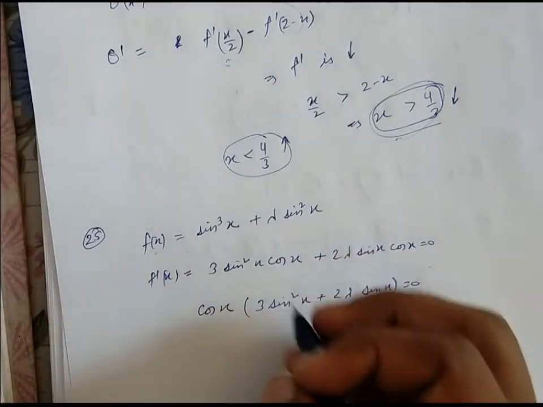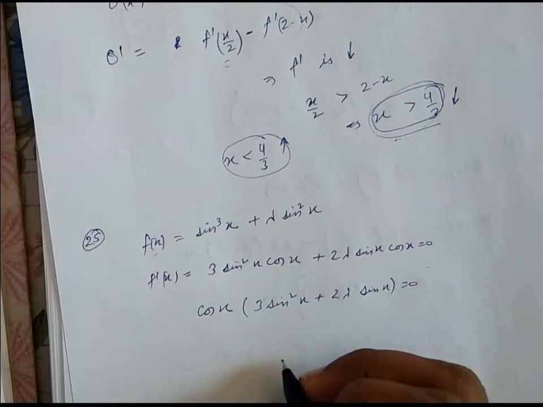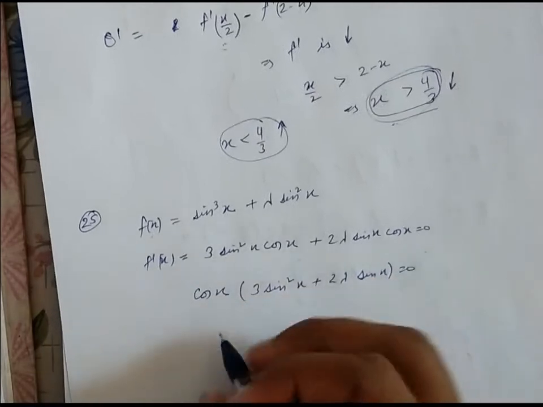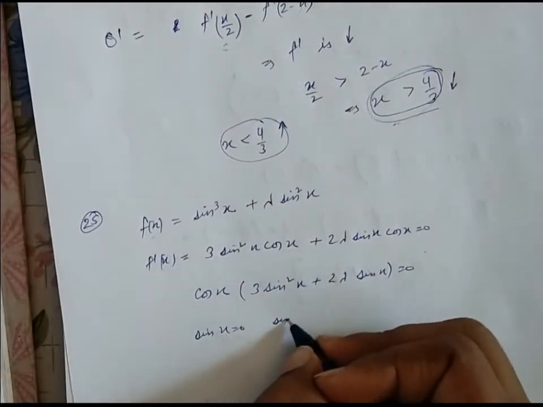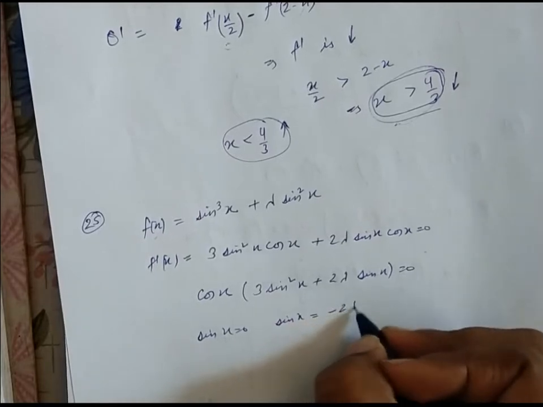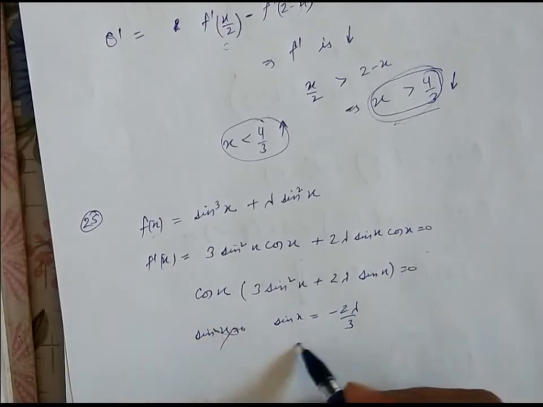So either sin x is equal to 0 or sin x is equal to minus 2 lambda by 3. Okay, but we can see that sin x is equal to 0 is already a root, so one root should come from this.